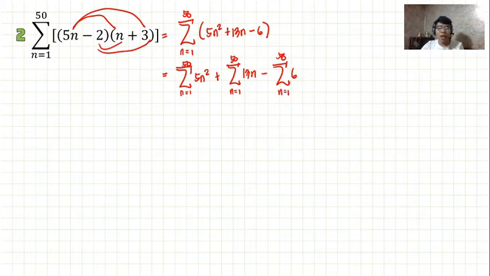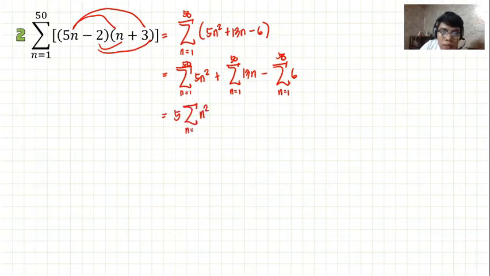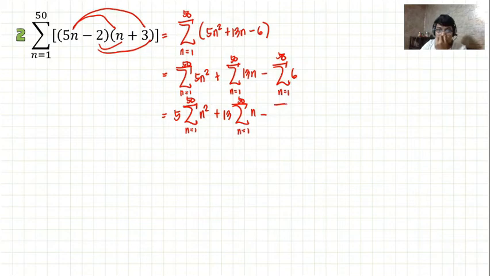Then applying property 2, we can put the numbers outside the summation, right? So we have 5 times the summation of n squared, n is from 1 to 50, plus 13 times the summation of n, n is from 1 to 50, minus summation of 6, n is from 1 to 50.